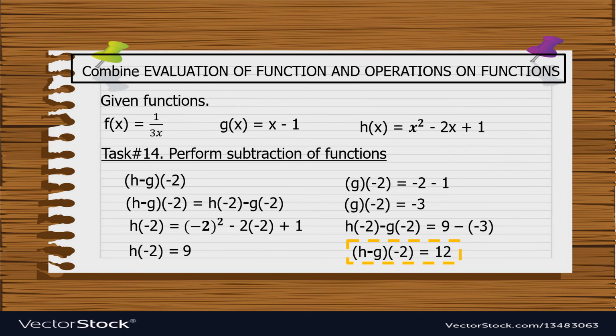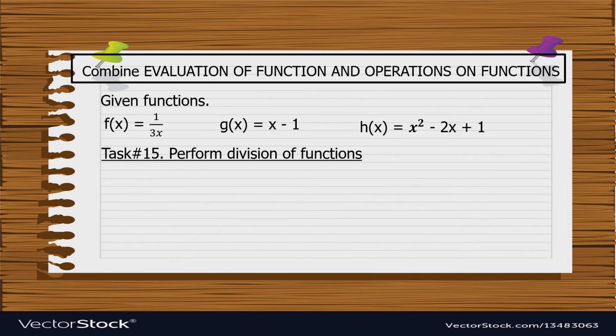For the final answer, h minus g of negative 2 equivalent to positive 12. As you can see, we get the same answer using this method.